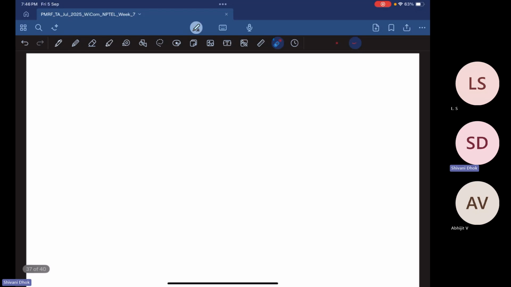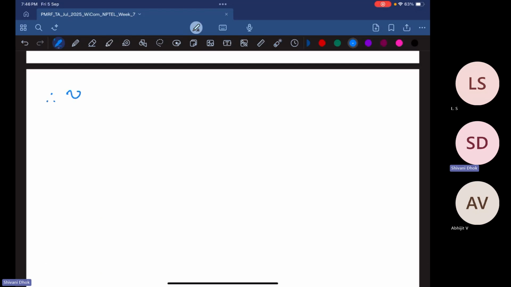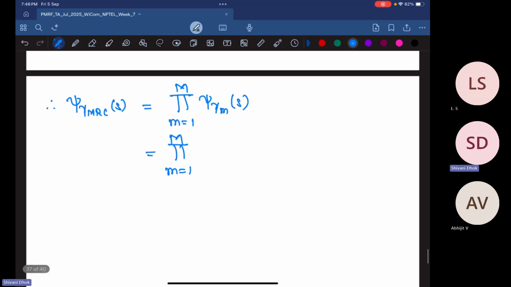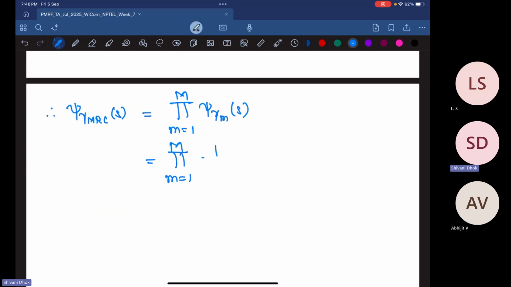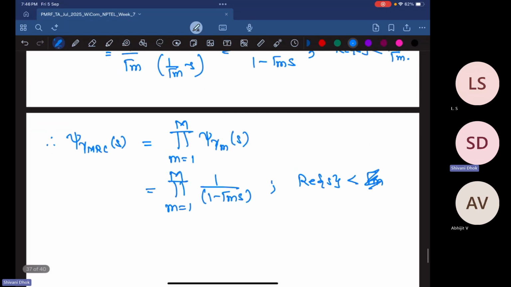So let's do that. Therefore, psi of gamma MRC of S comes out to be equal to the product over m equal to 1 to capital M of psi gamma m of S, which is equal to the product over m equal to 1 to capital M of 1 over (1 minus gamma m s), where this is valid when the real part of s is less than 1 over gamma m for all m.